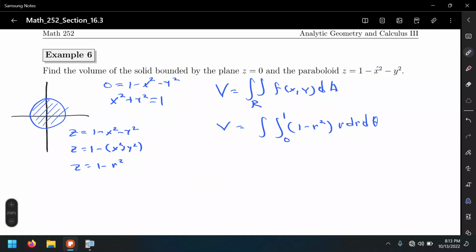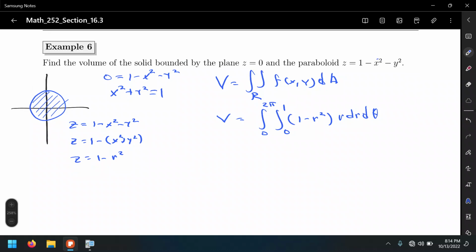And since they're not telling us only the upper half, the lower half, or just the first quadrant in the 2D perspective, theta varies from 0 to 2 pi. Now let's evaluate this integral. This one is going to be fairly easy because it involves just the general power rule. So let's distribute.